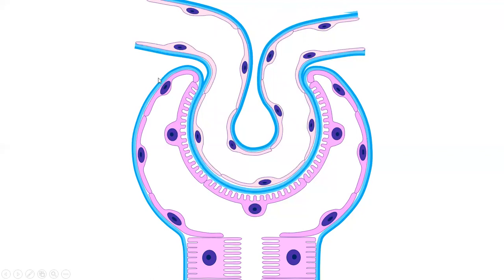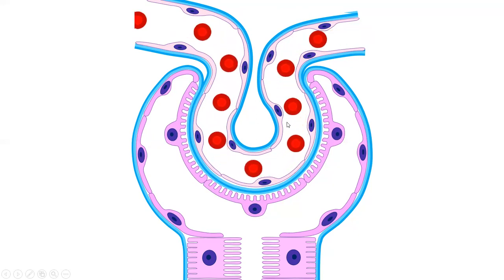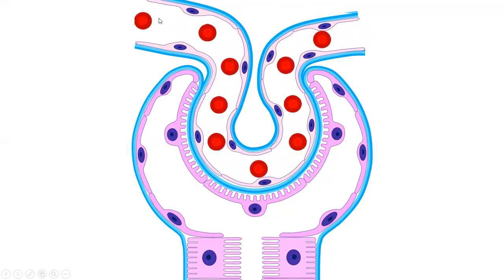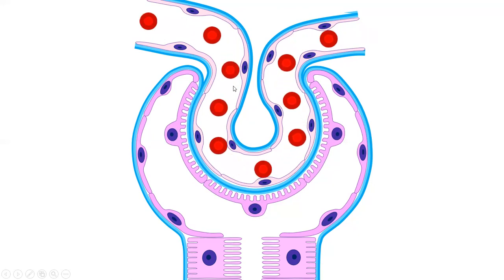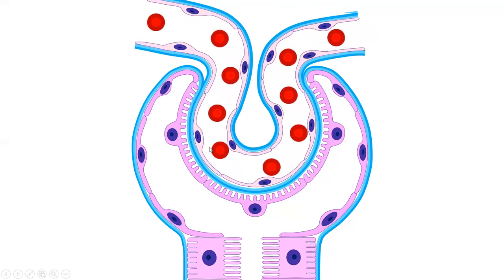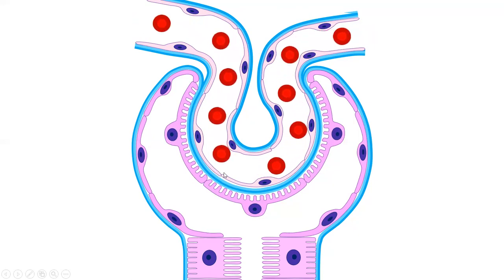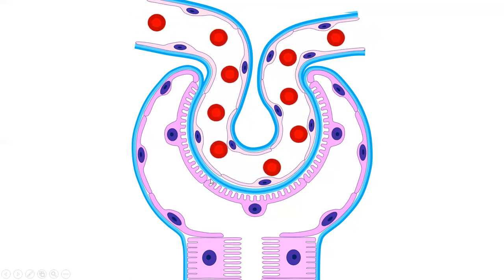And blood comes here from the afferent arteriole. It goes to the capillary loops, and from the capillary loops it's carried away by the efferent arteriole, and the difference in their diameters results in the formation of hydrostatic pressure, and under this pressure some amount of blood plasma is filtrated by this barrier.